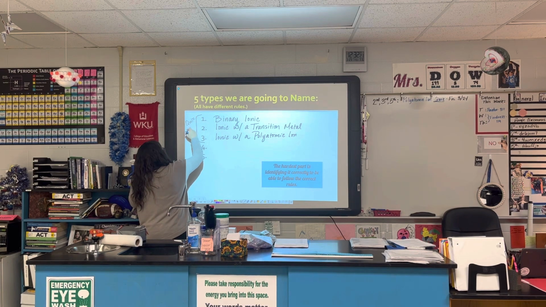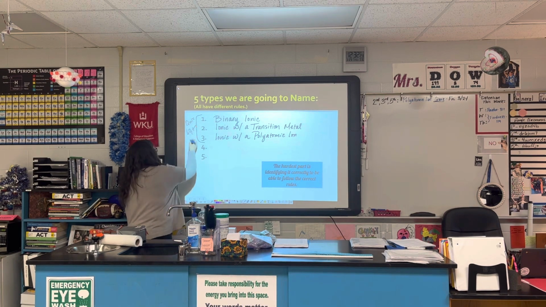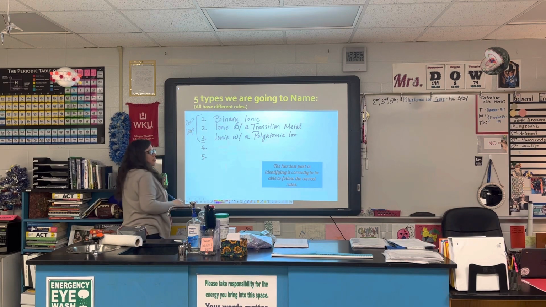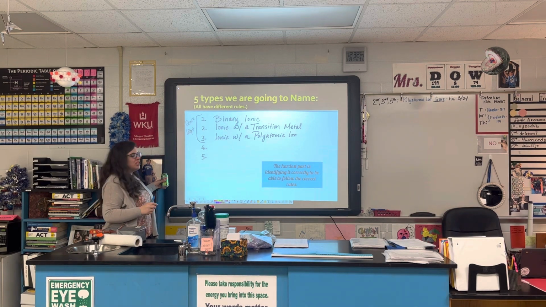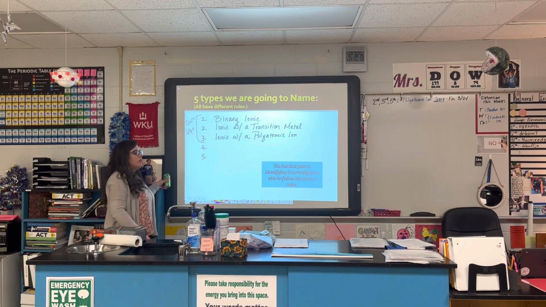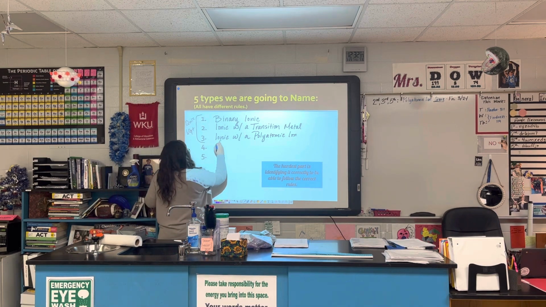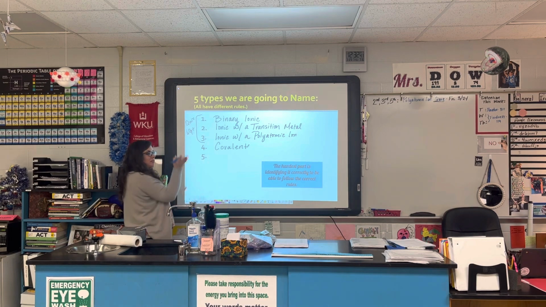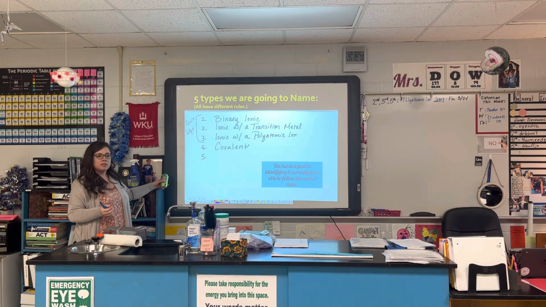It's going to be a 60-point quiz. So how many points for each type? Probably 20, right? 20 points for each type. Then we'll continue and do covalent, which is very different from our ionic.